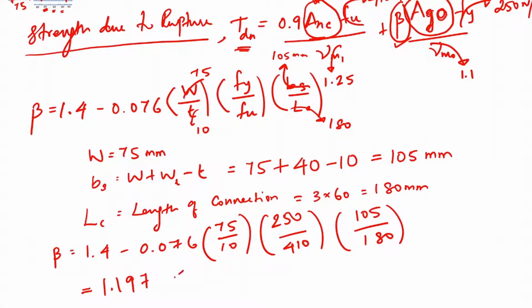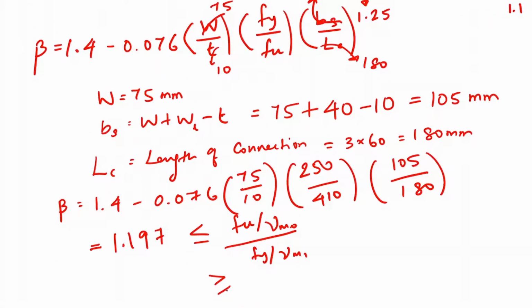Now it has to be less than Fu by gamma M1 upon Fy by gamma M0, and also it has to be greater than 0.7. It is surely greater than 0.7, but you need to make sure this value is less than the other term.